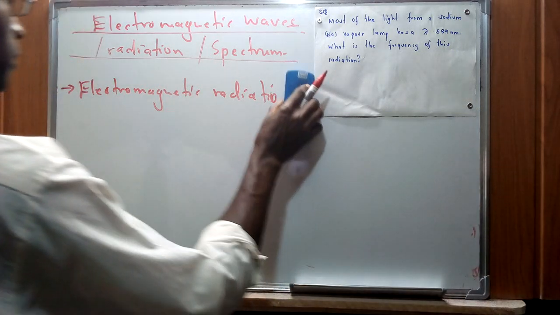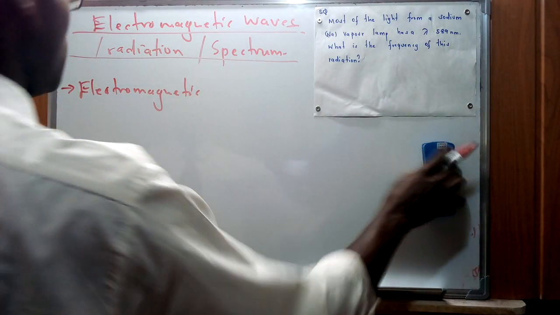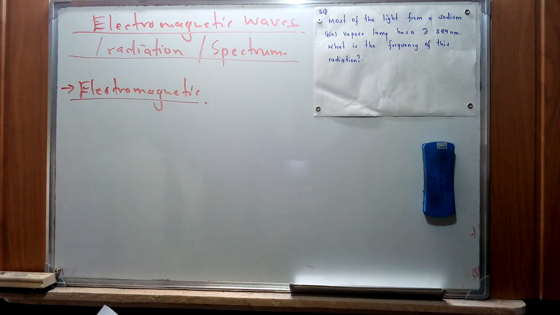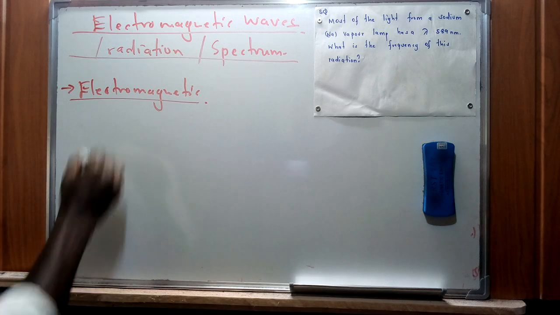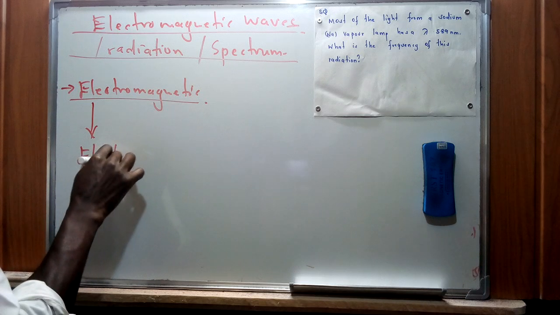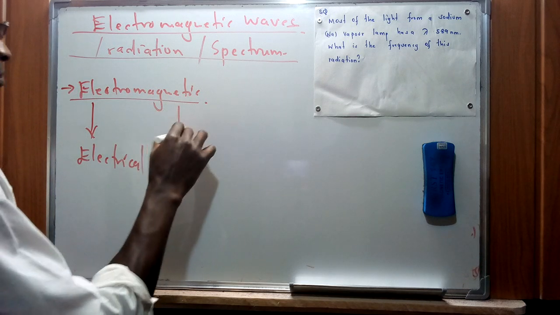Now from this, it will be essential for us to understand what the concept of electromagnetic radiation refers to. This comes from the words electrical and magnetic.